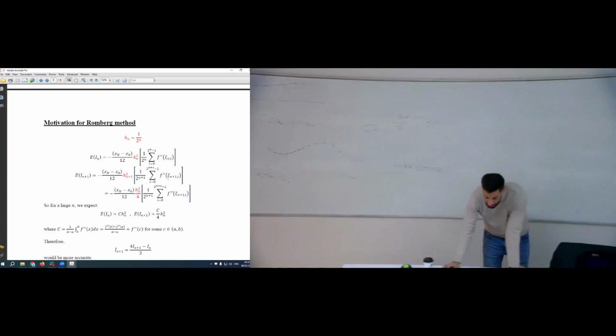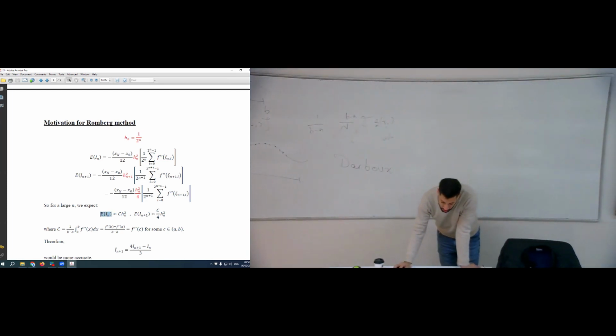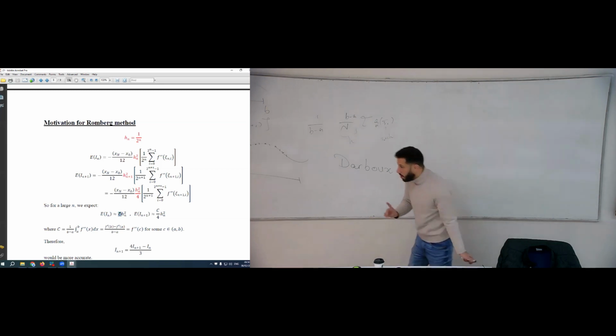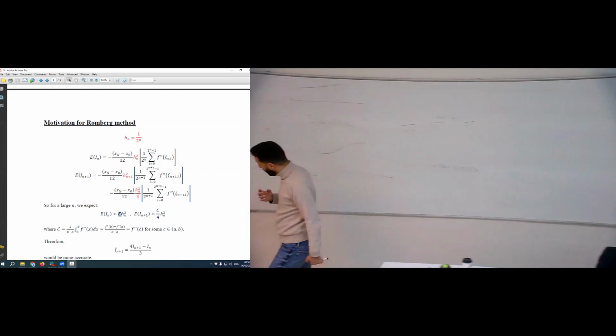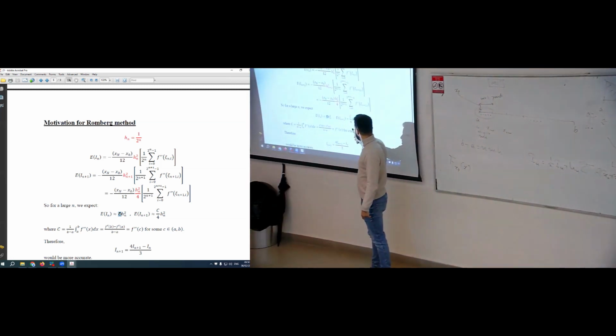But again, if n is large, this e of I_n is this C, which is the averaging of the function, plus some correction, which is small. That's what I wanted. And this also is C multiplied, because this is C. Okay?